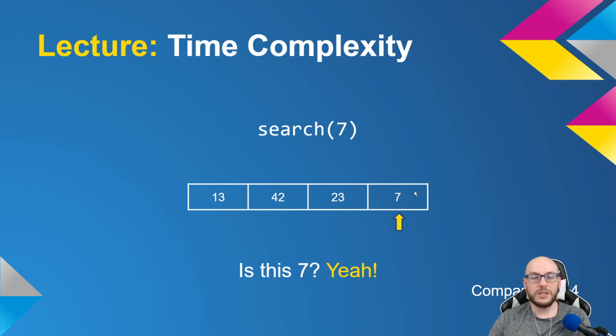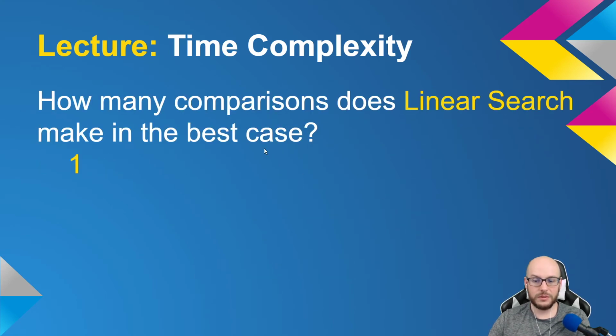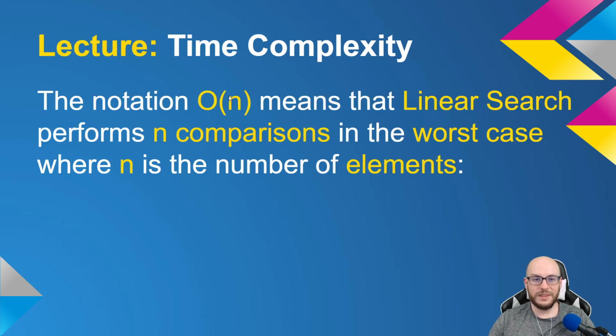Okay, so that is one way to think of this big O notation. So we made n comparisons, and that was a worst case scenario. It was a worst case because the element we were looking for was the last element. Now, technically what this means is that as the array gets bigger, as the number of elements gets bigger, how does the number of comparisons increase in the worst case?